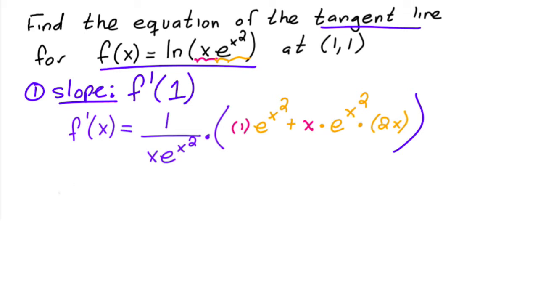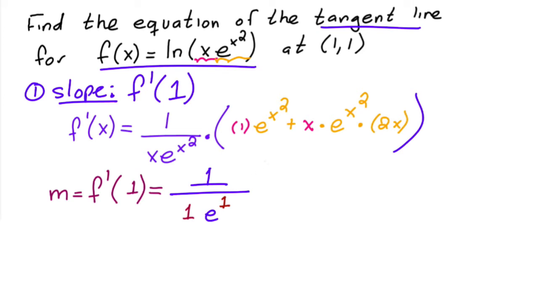So now the slope m is the derivative at 1. So if I plug in 1, I'm going to get 1 over, this is 1 times e to the 1 squared, so that's just 1, and then times, whoa, wrong color there, times e to the 1 again, plus 1 times 2, so this is going to be 2 times e to the 1.